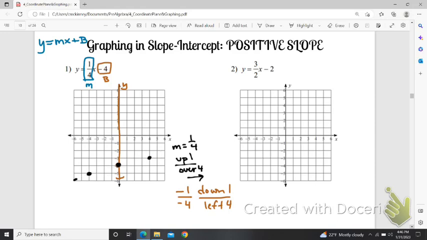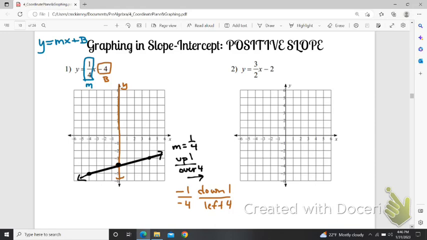Hold on, I'm having a little bit of trouble with my straight line. There we go, that's probably a little better. Sometimes if I make my dots too big, then I'm really kind of in the middle of the dot. Our lines should be extended, so don't just connect two dots and make a little tiny line segment.